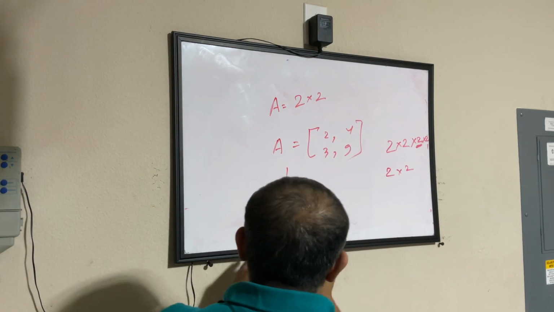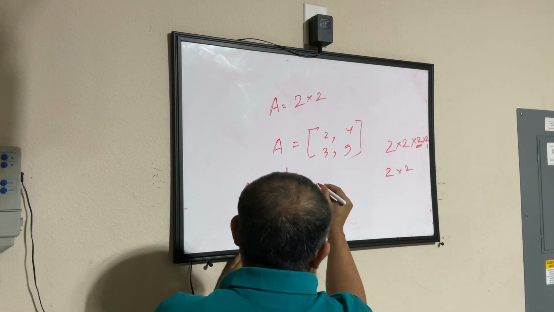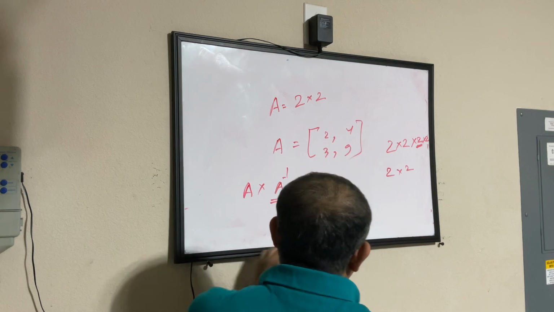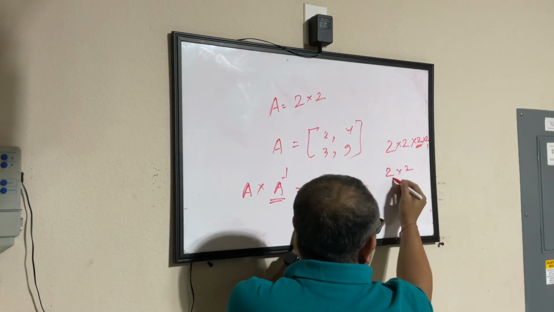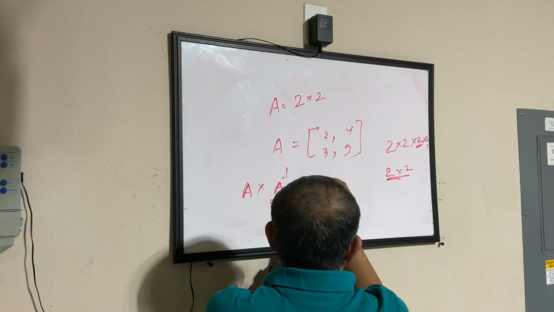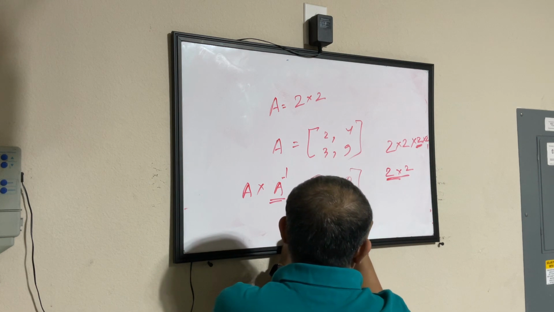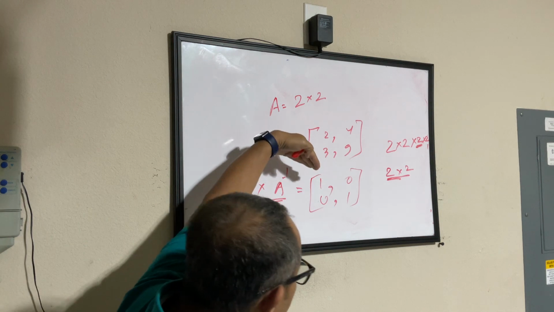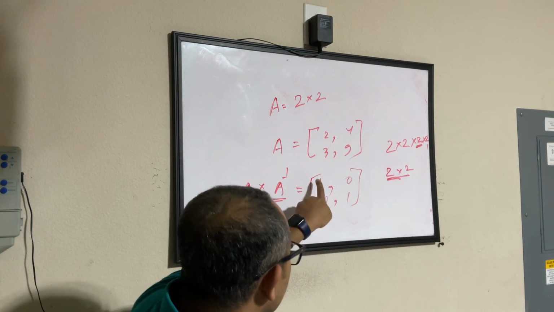So from the definition we know that A multiplied by the inverse of the matrix gives me an identity matrix. Now in this case my identity matrix will have this dimension. So this will also be a 2 by 2, and it will be like this. In an identity matrix, your 1 always traverses in the diagonal direction. So if you have 2 by 2, this one and this one.